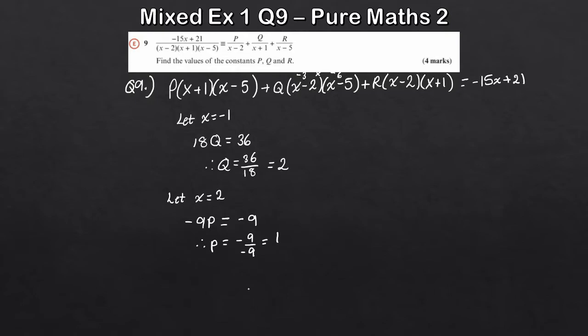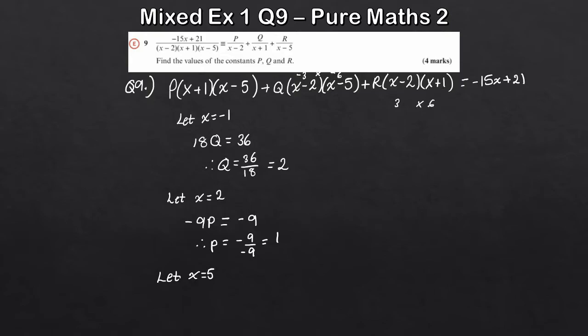So we're nearly there, we've just got to repeat this one more time. What do we need to eliminate now? We need to solve for r this time. So to do that, I'm going to have to pick x equals 5, because we need to eliminate these two. So if I let x equal 5, I'm going to get 5 minus 2 is 3, and then 5 plus 1 is 6.